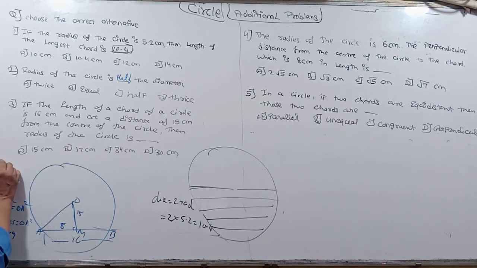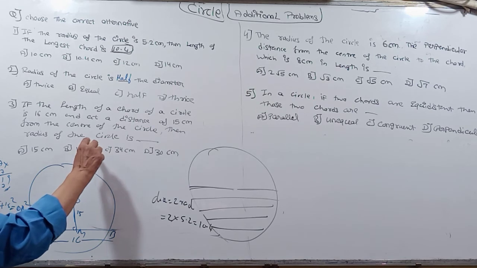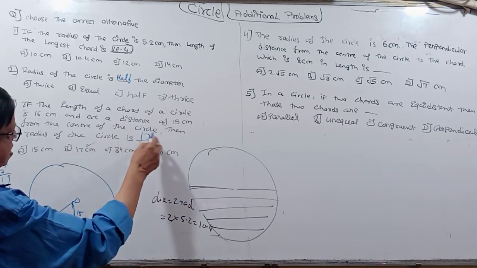The square root of 289 is 17, since 17 into 17 is 289. So 17 is the correct answer.